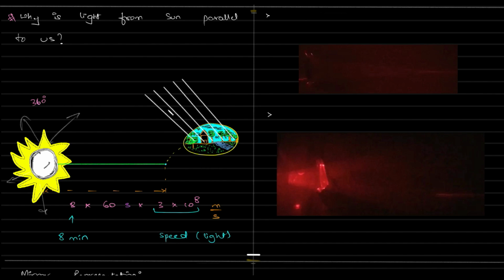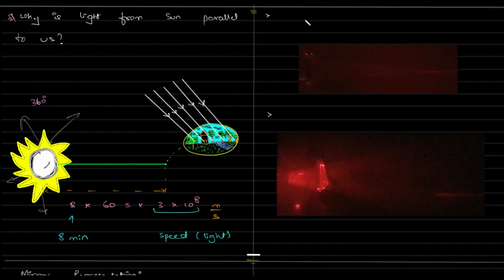So the light which we make use of on solar panels and everything is very minute compared to the sun. So we can consider that yes, light from the sun is parallel to us. This fact will help you understand a lot of topics in the future. So remember, light from the sun is parallel to us for the experiments we do.